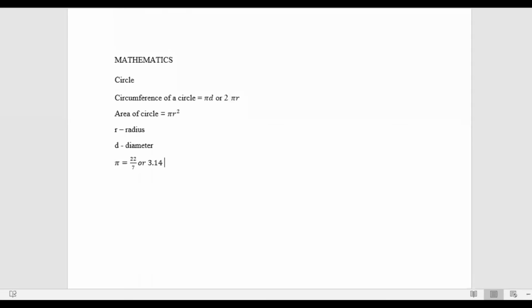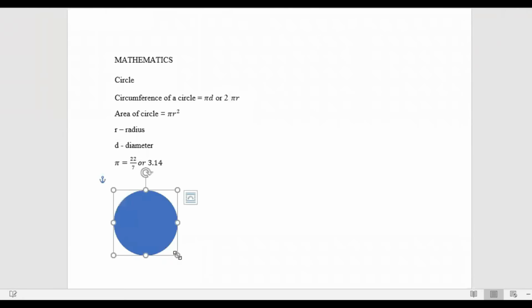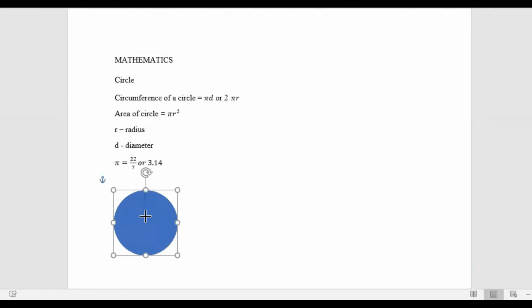Now, what is the sector of a circle? It's a part of the circle. When you say part of the circle, what do you mean? They got 2 radii. Good.